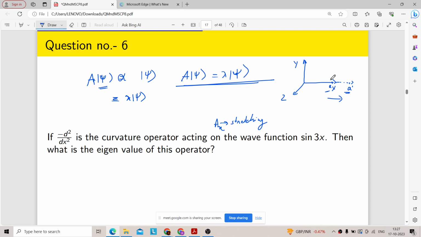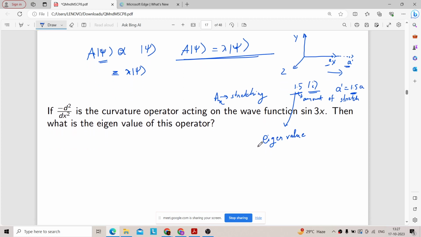So in this analogy, we can say this is the eigenstate, and after the stretching, this A prime is 1.5 times A. This 1.5, the amount of stretch, is the eigenvalue. Right, so this is an analogy.